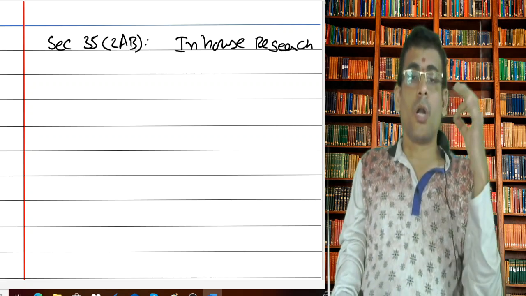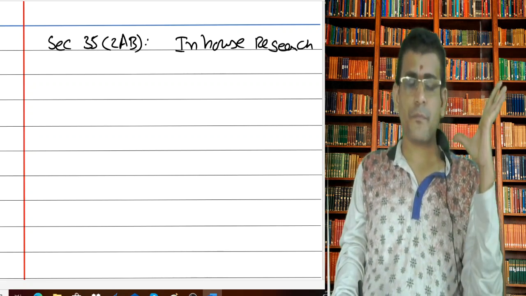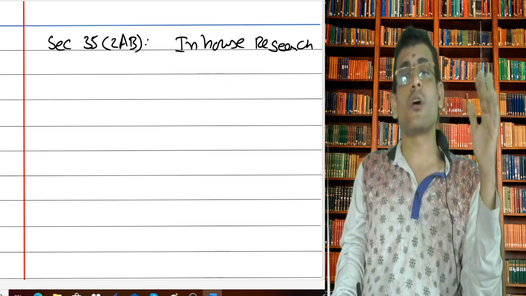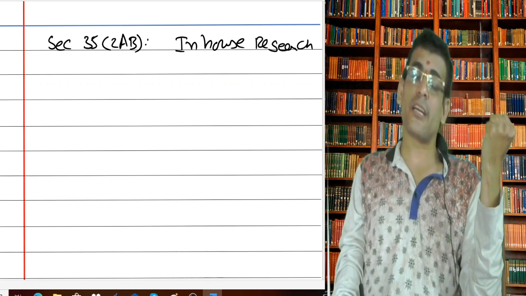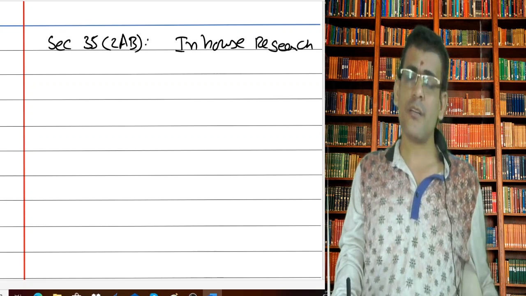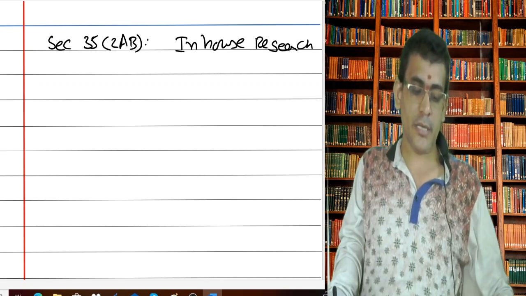Now, to whom this section is applicable, what are the conditions which you are required to comply, what are the things which are eligible for deduction, what is the amount of deduction which you can consider. So let us try to understand that.